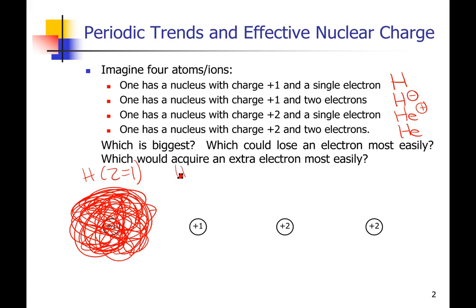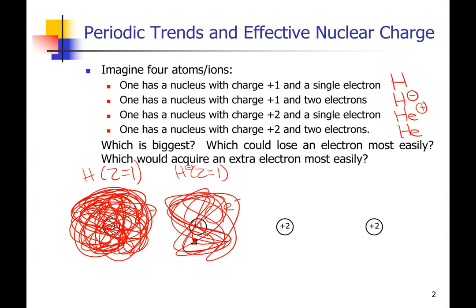If I add a second electron to make the hydride anion, I'm now going to have 1 electron moving around like so, but I'm also going to have a second electron in that orbital traveling around the nucleus as well.